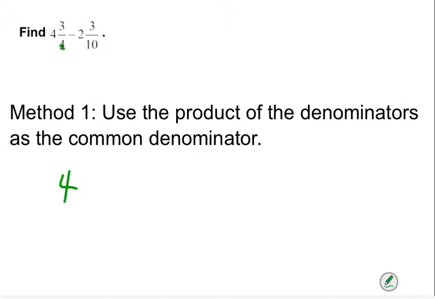I said the product, so times 10. And 40, what's 10 times 3? And I'm going to subtract 2 and 12/40ths. What's my final answer with that denominator before we have to do anything different? What's it going to be, Tyler?